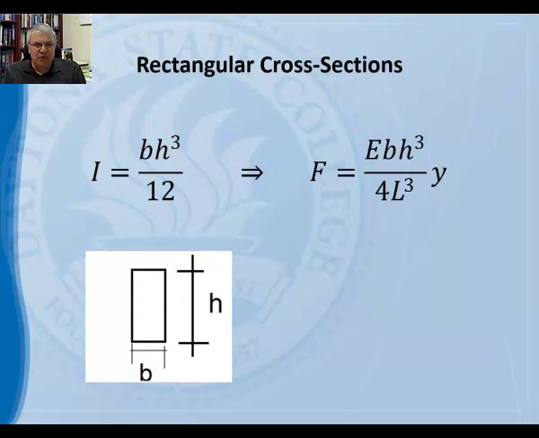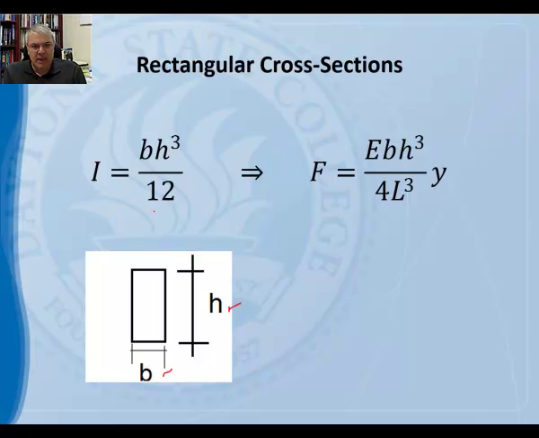For different types of cross-sections, we're going to have different moments of inertia. And BH cubed divided by 12, this is for a rectangular cross-section. If you switch B and H, this formula is not valid anymore. So you want to make sure that you understand which dimension is the H, which one is the B, because if you don't use it correctly here, you would definitely arrive at a different moment of inertia.